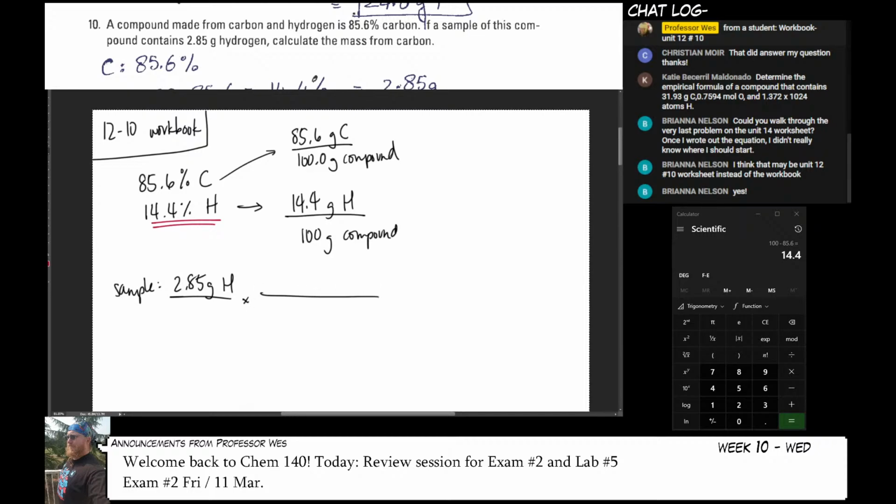Well, I could just take this relationship right here, and we'll just stick it right there. However, we have to flip it upside down so that the units match, right? So that times 100 over 14.4.